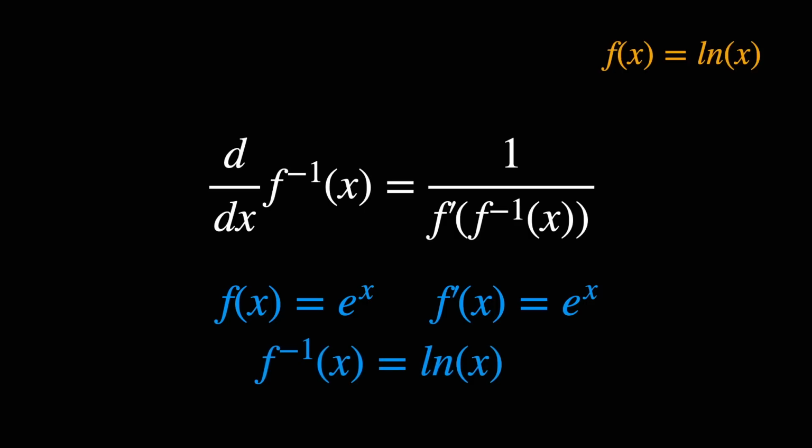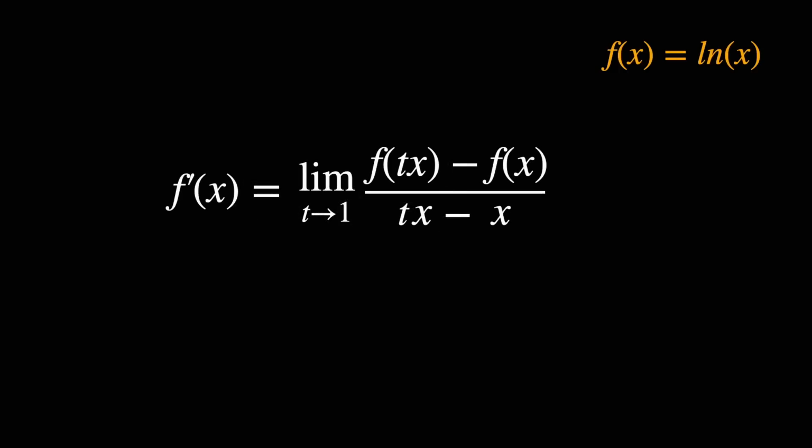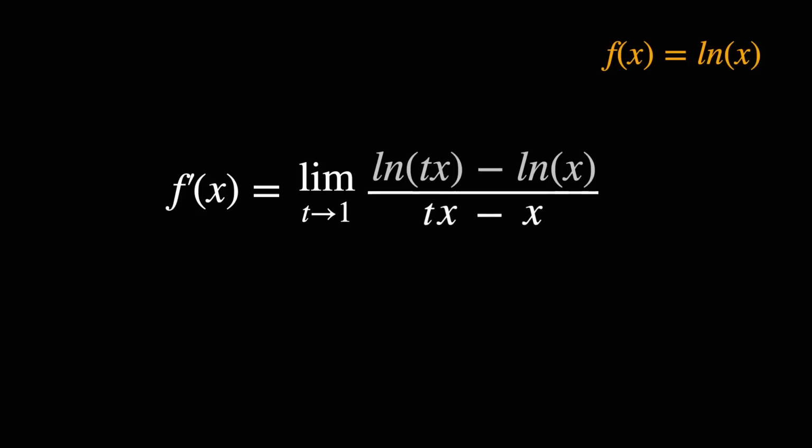Plugging this all in, we get the derivative of ln of x is 1 over e to the ln of x power, which of course simplifies to 1 over x. Now that's fine, but it's not very intuitive. It would be a lot nicer if we could take the derivative of natural log of x using a fundamental definition. Trying it the new way, we get natural log of tx minus natural log of x over tx minus x.